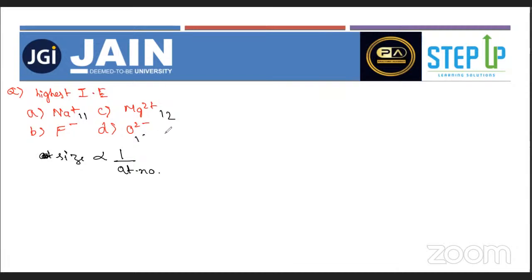The base is D. I have Sunil Pandave with C. Now all these are isoelectronic species, 10 electrons. So size is inversely proportional to atomic number. Whose atomic number is less? They're asking for the highest ionization energy, so ionization energy will be highest for the smallest. The smallest will be Mg2 plus. So the answer is C. Sunil is right.